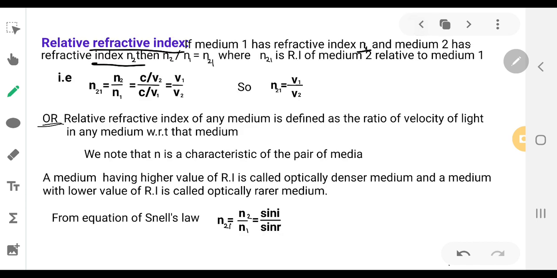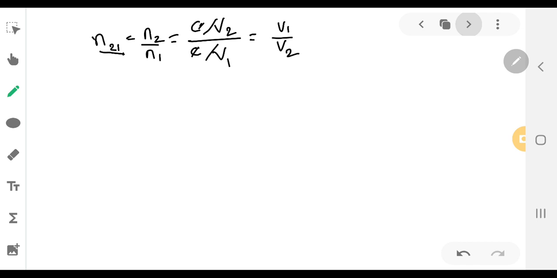You are comparing the velocities of light in both media. N21 will be greater than 1 when V1 is greater than V2.